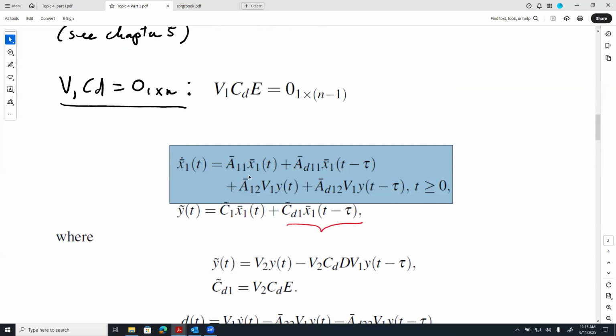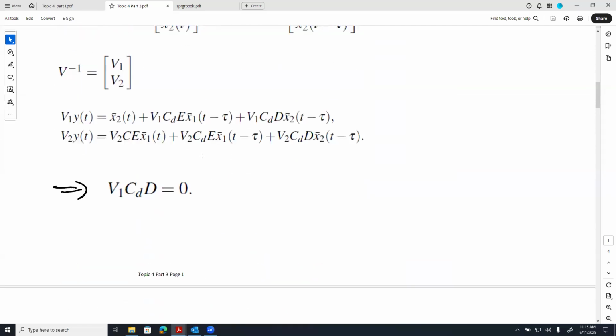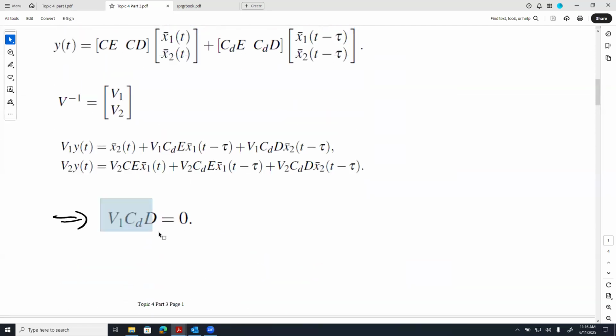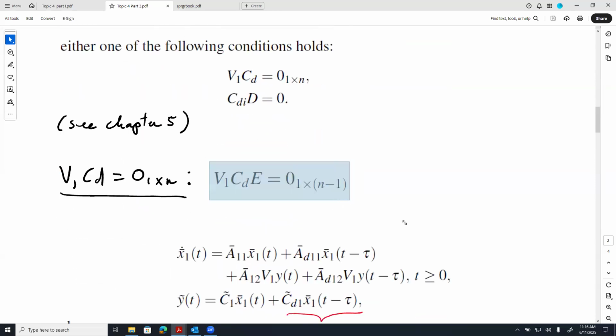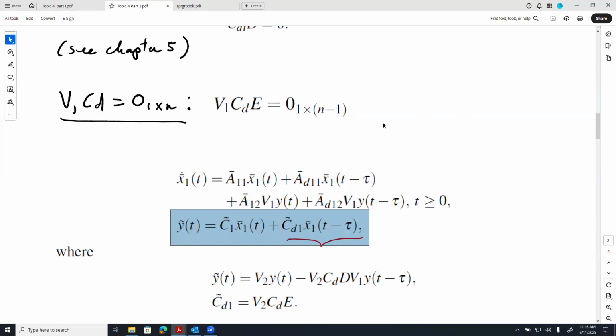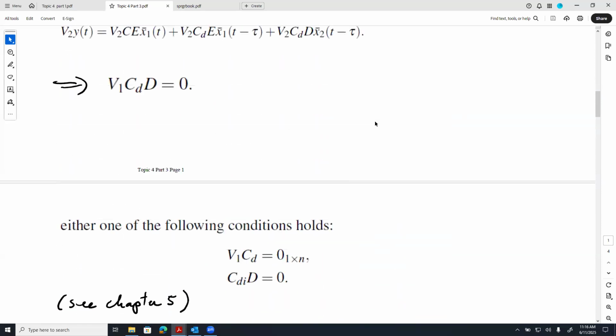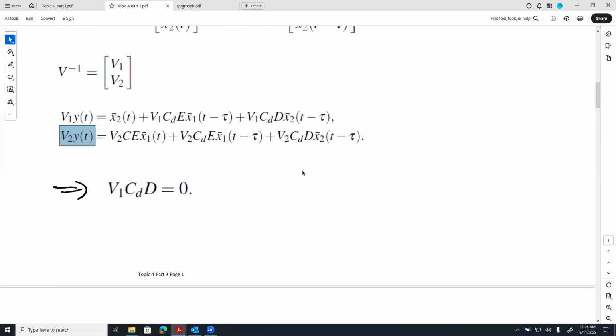And of course, when we substitute x bar 2 and V1 CD equal to 0 in here, and we also apply this condition in there, we also arrive at the output measurement. The output measurement y tilde of t is this one here. That one there is V2 y of t, and then have a look at this term in here.